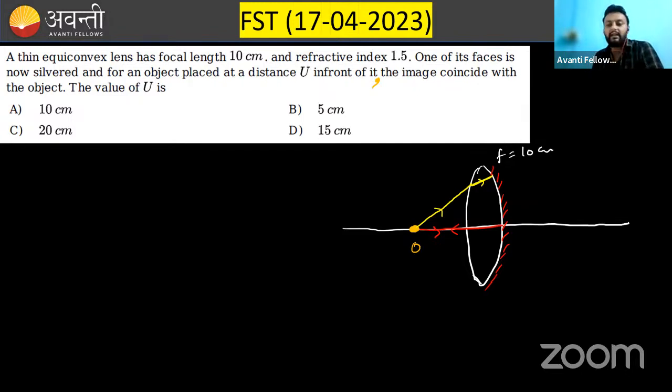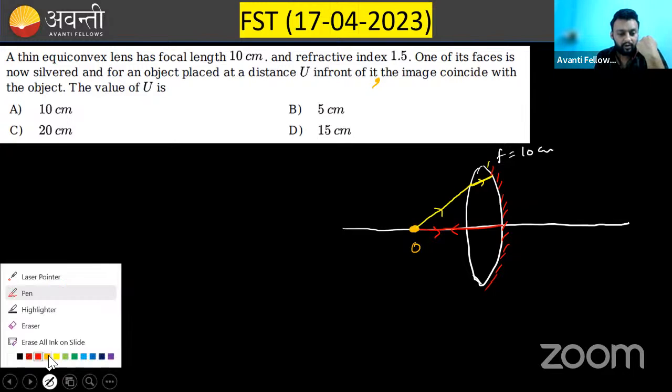It will reverse its path if it strikes the mirror perpendicular to the mirror. If it is striking the mirror perpendicular to it, then it will return back or reverse its path.